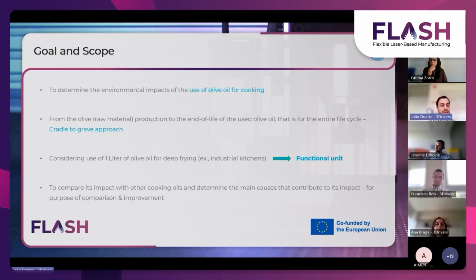In this case, one of the alternatives is to establish it as 1 liter of olive oil for deep frying. But if, for example, we wanted to study a particular kitchen, we could have established it as the amount of olive oil that kitchen uses daily, weekly or during a year.